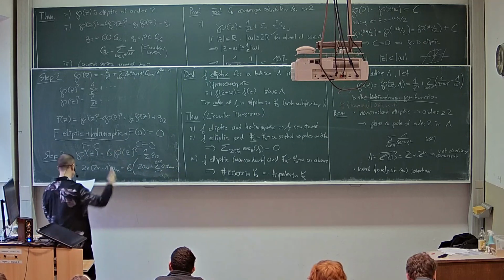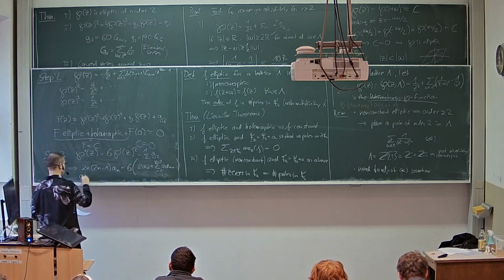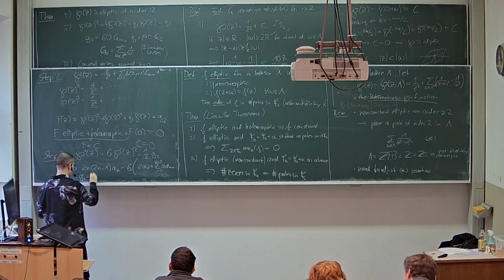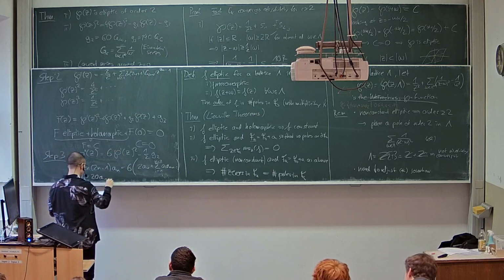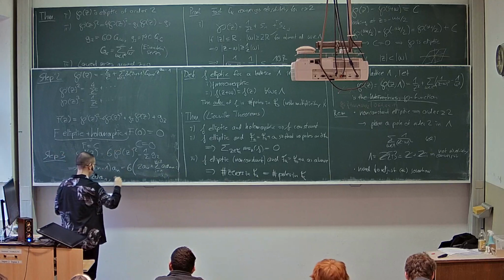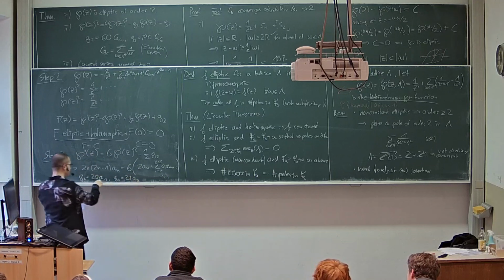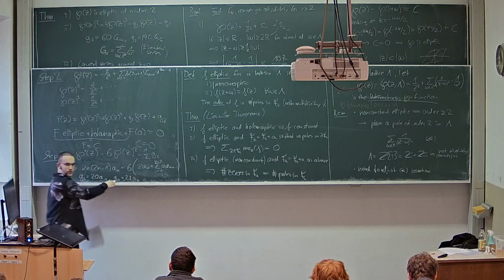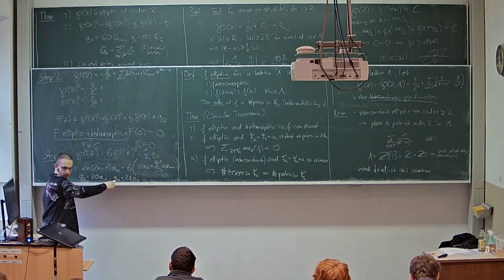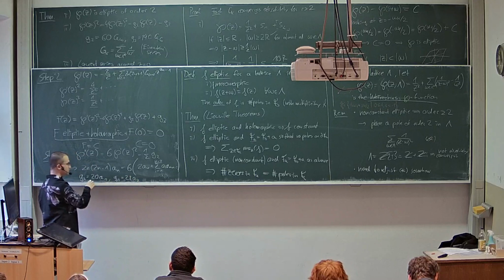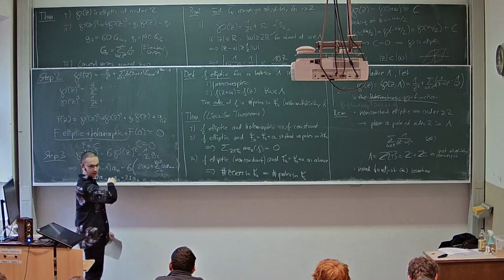And by the explicit series expansion from above, we know that G2 is just 20 times A1, and G3 is just 28 times A2. So A1 and A2 are completely determined by these constants, which depend on the lattice. But once we are given these constants, this formula is independent of the lattice.